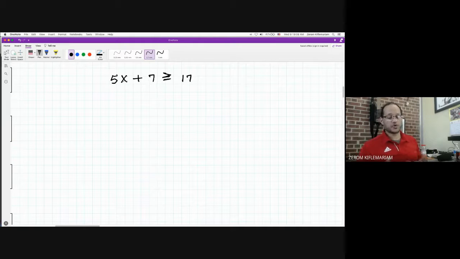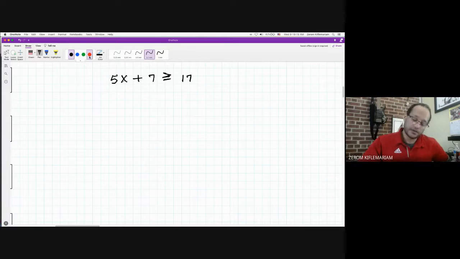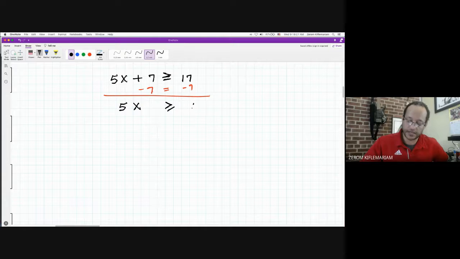So if I'm trying to solve this problem, the first thing I do is treat it like an equal problem. Take away 7 equally from both sides, and I have 5x is greater than or equal to 10.